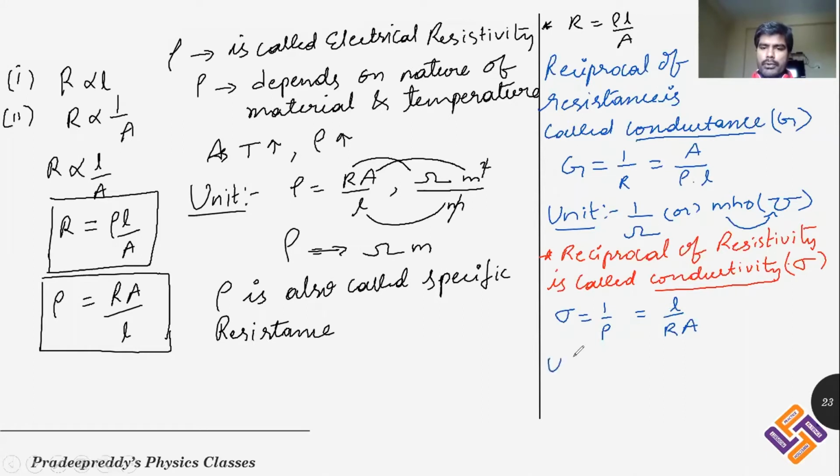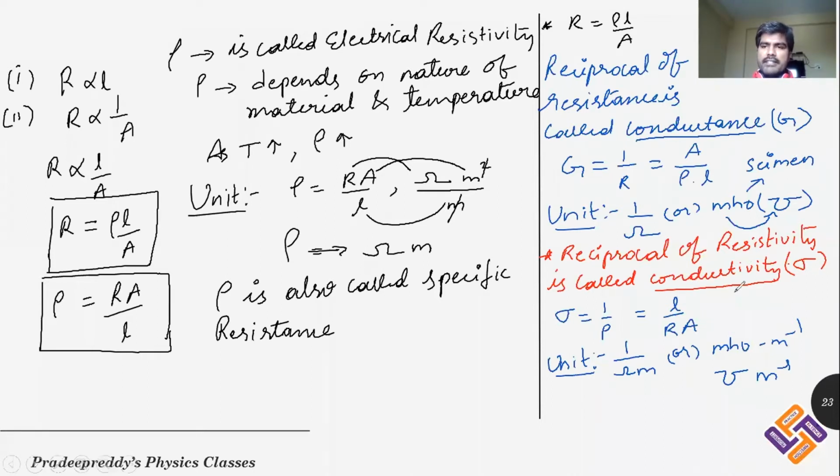And what about the unit of conductivity? The unit of conductivity is 1 by ohm meter, or you can write 1 by ohm is mho, so mho meter inverse. And remember, mho is also called Siemens. Siemens is the reciprocal of ohm. So the unit of conductance is also called Siemens.